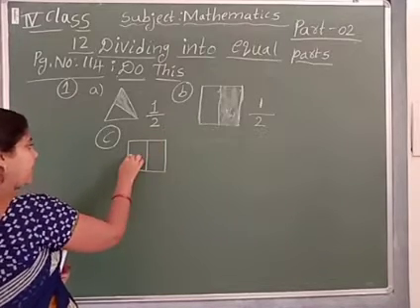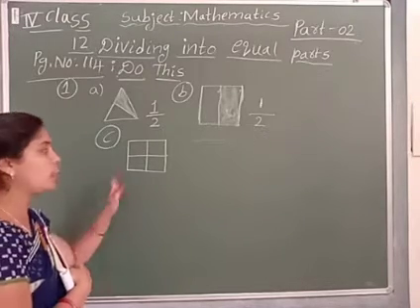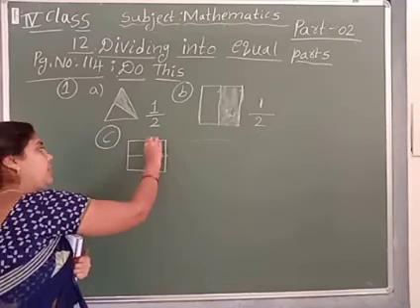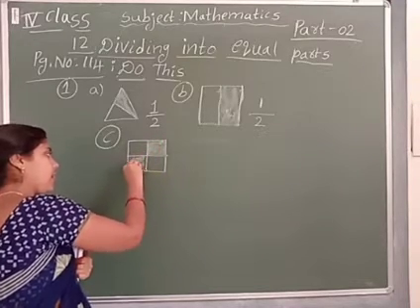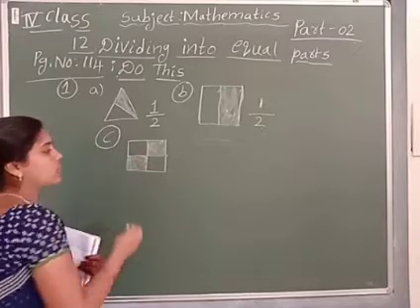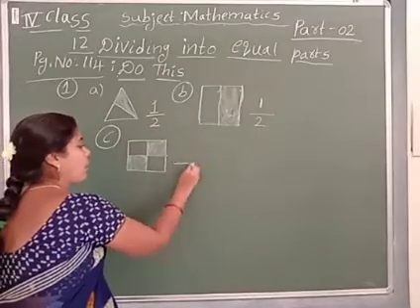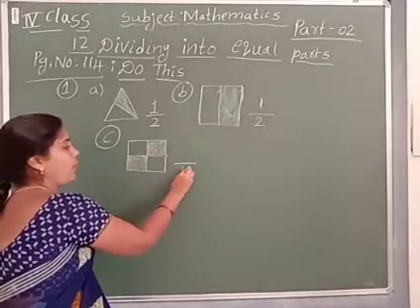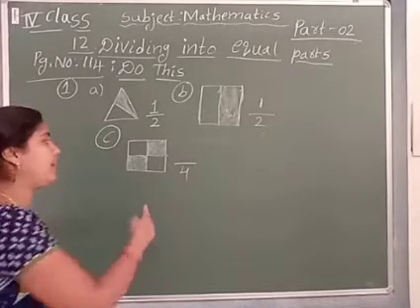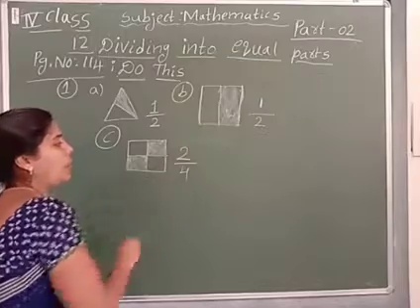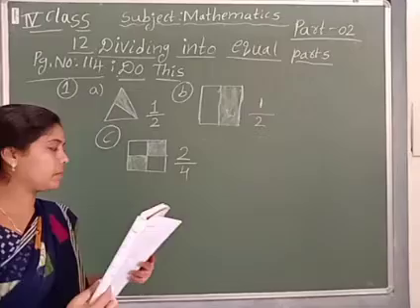But here it is divided into 4 equal parts, and we are shading like this in your textbook. Total how many parts is this picture divided into? 4: 1, 2, 3, 4. So the denominator is 4. How many parts are shaded here? 1, 2. 2 parts. 2 by 4.